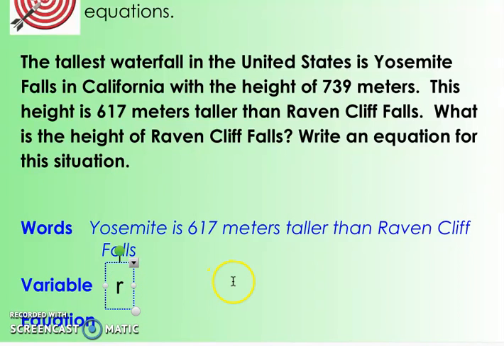Now, some information. Okay, I see the word taller in here. If I have the word taller, what does that hint for you? I know this word was not given to us in that chart of all those different words for adding, subtracting, multiplying, and dividing. But think about it.